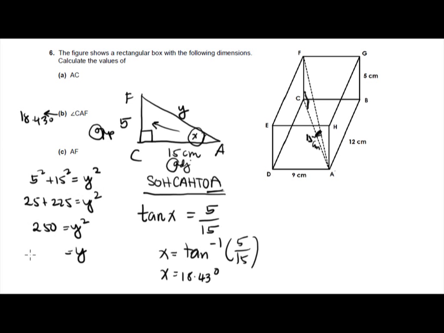To solve for y, we get the square root of 250, which is equal to 15.81. So the value of y is 15.81, and the unit of measure is centimeters.